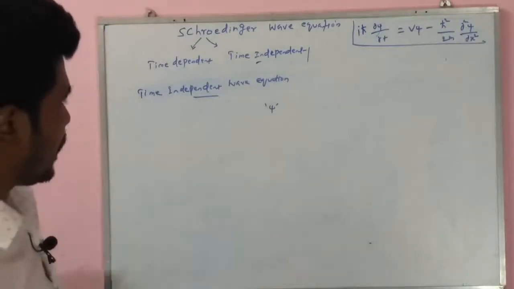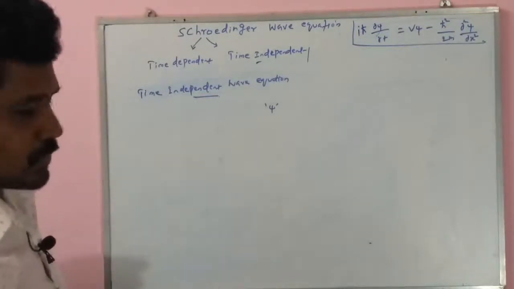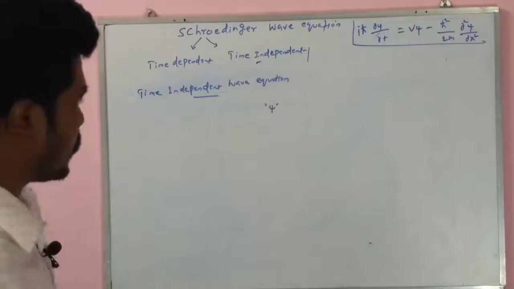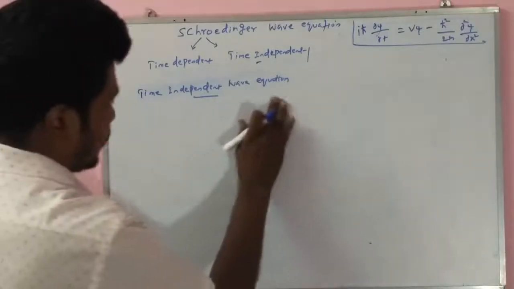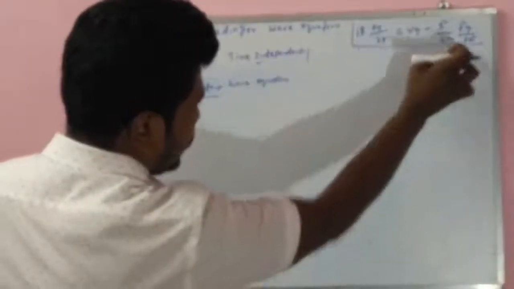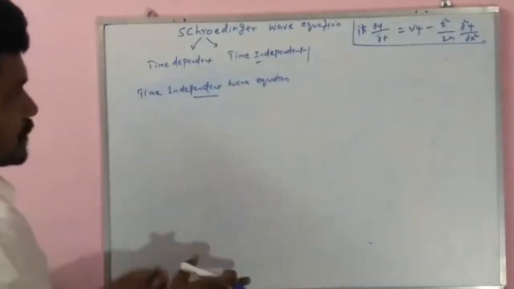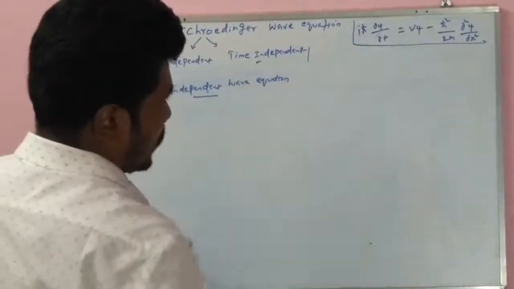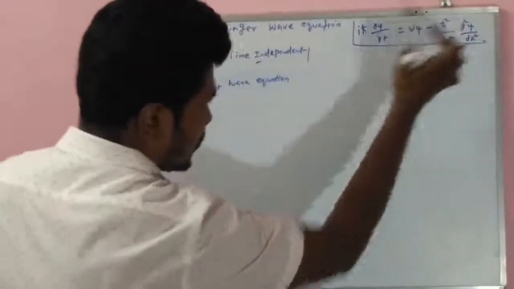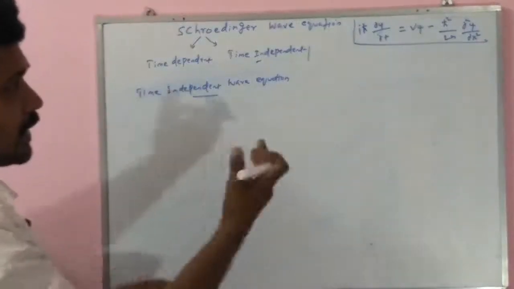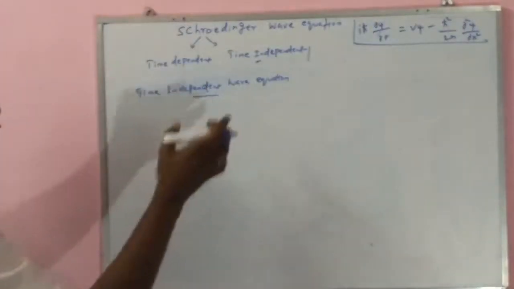So this time independent wave equation is also used for time dependent cases. So finally, substituting your ∂ψ/∂t value and ∂²ψ/∂x² value here, we get the time independent wave equation.